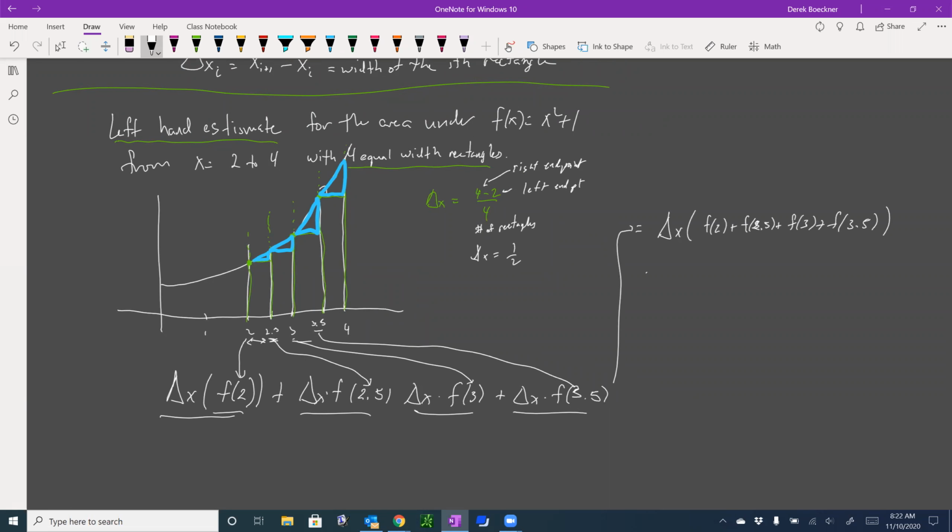Okay, so that's going to be 1/2 times f of 2 is 2 squared plus 1 is 5. 2.5 squared is 6.25 plus 1, so that's 7.25. 3 squared is 9 plus 1 is 10. And then 3.5 squared is 12.25, plus 1 is 13.25.